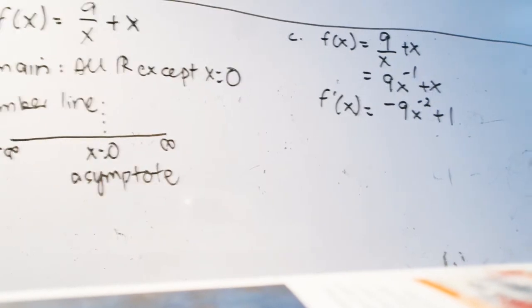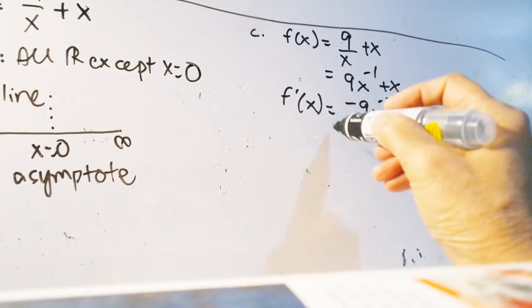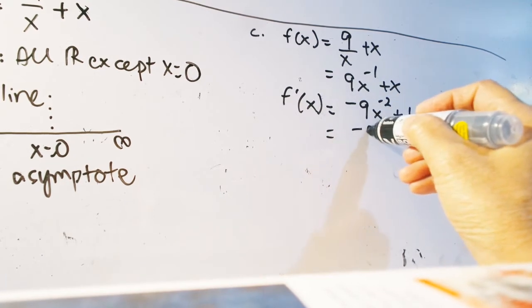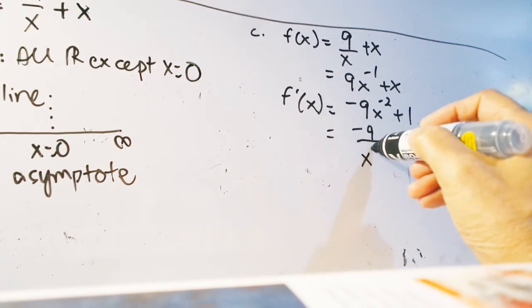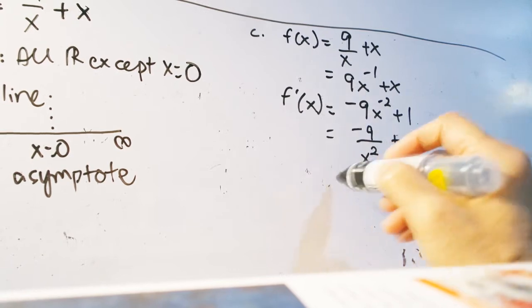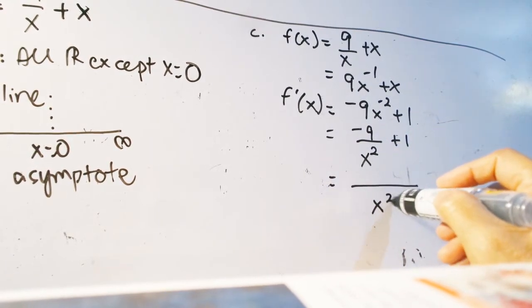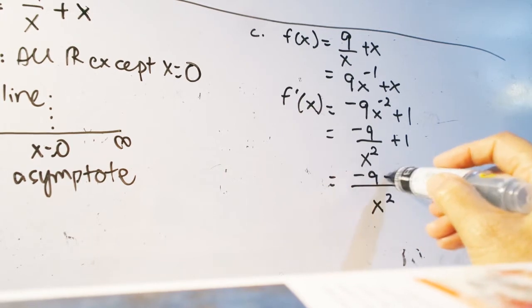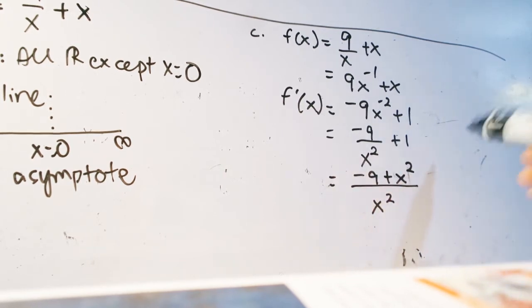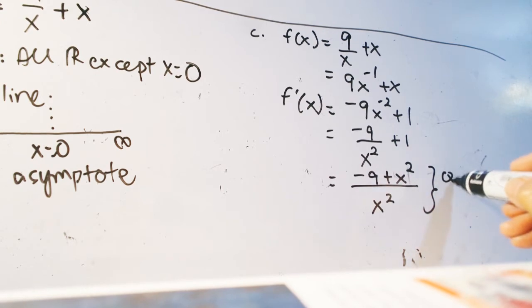Change this to standard form: minus 9 over x squared plus 1. Get a common denominator, x squared: minus 9 plus x squared over x squared. I call this quotient form.